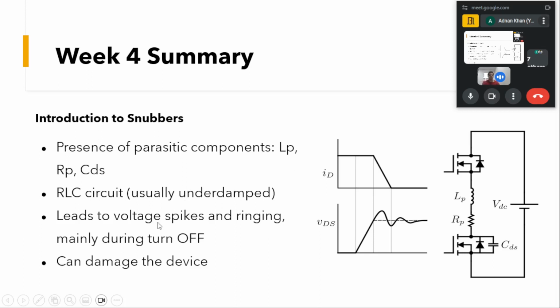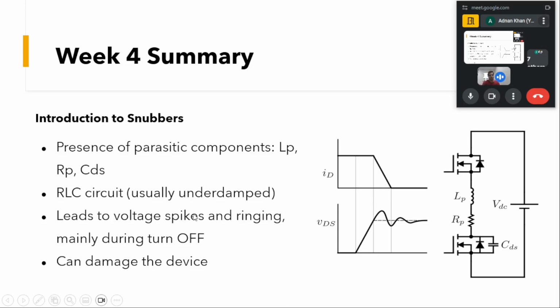So if you can see here, as I had earlier told you, because of this parasitic inductance and capacitance an RLC circuit is formed, and due to the small value of this R, this circuit will be an underdamped circuit, and because of that we may have some ringing and spikes.